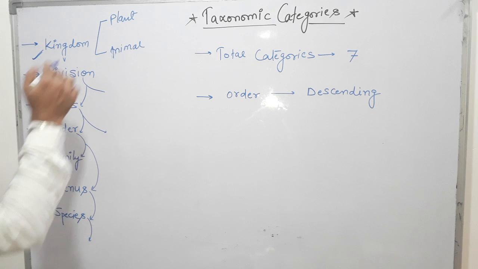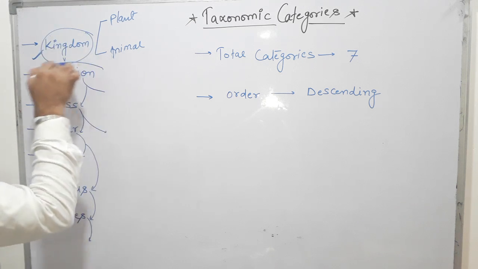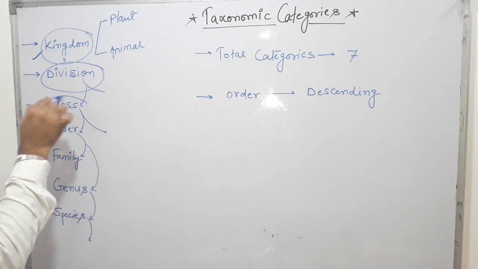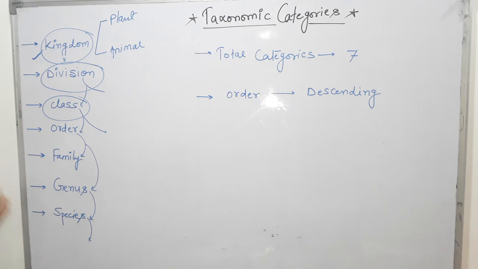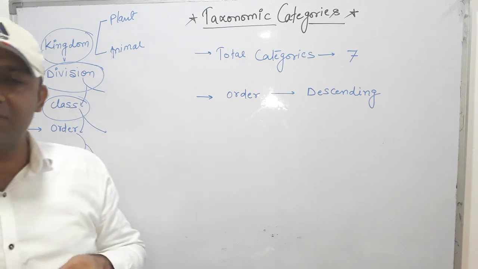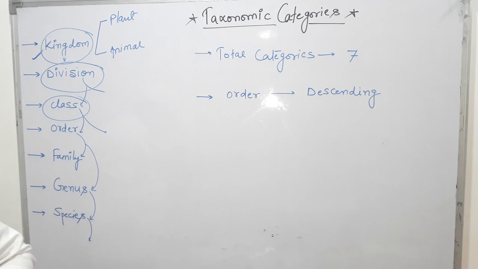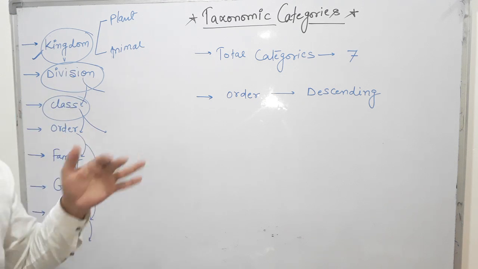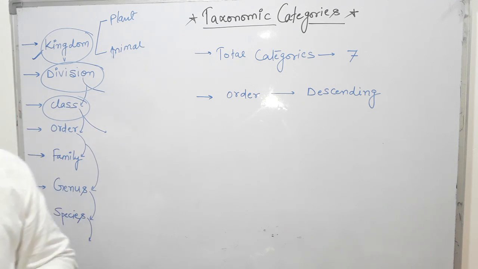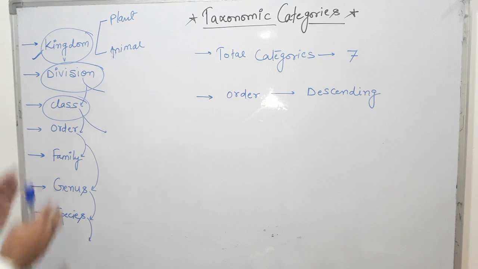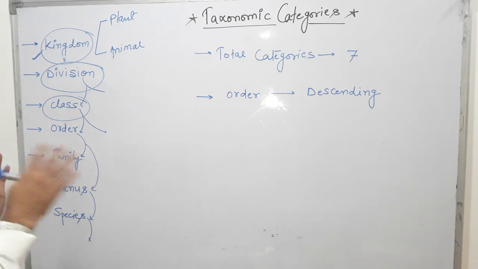So we can say kingdom is one taxon, division is another taxon, order is another taxon. So all are called taxa. One member or single category is called a taxon. Next is taxonomic name. The name given by the taxonomist to the animal or plant is called the taxonomic name. Clear? So these are the taxonomic categories.